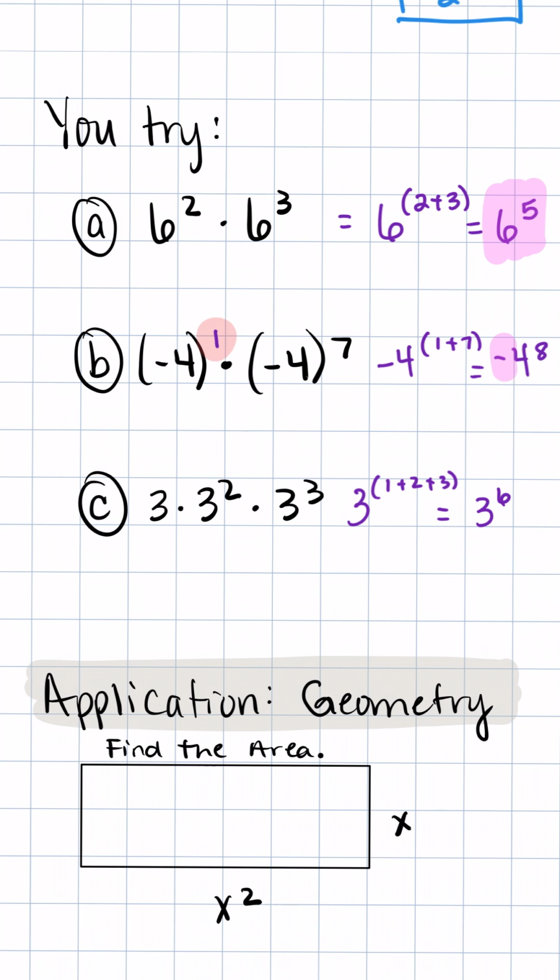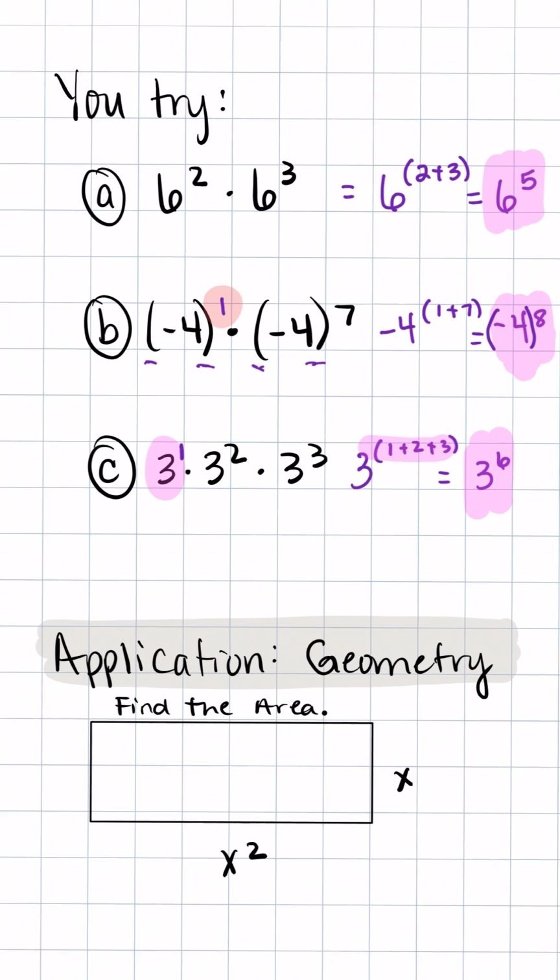For B, you should have got -4 to the 8th power. And once again, I should have probably put some parentheses to separate this because it is a negative. It groups it together, and it did have the parentheses here. And for C, you should have got 3 to the 6th power, right? This 3 is like having a 1 up here. So that's how I got 1 plus 2 plus 3.